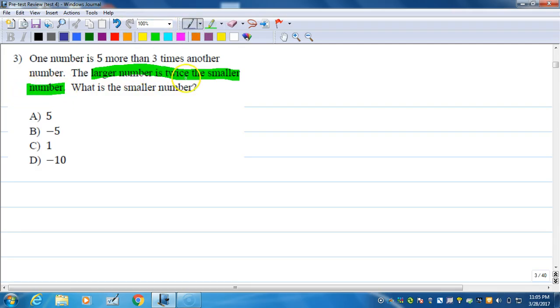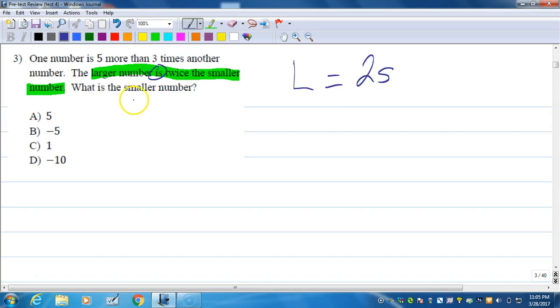The large number is twice the smaller number. So the large number, I'm going to call it L for large, S for small, equals twice the smaller number. Twice means 2 times. So then 2 times my smaller number, which is S. The large number is 2 times my smaller number.